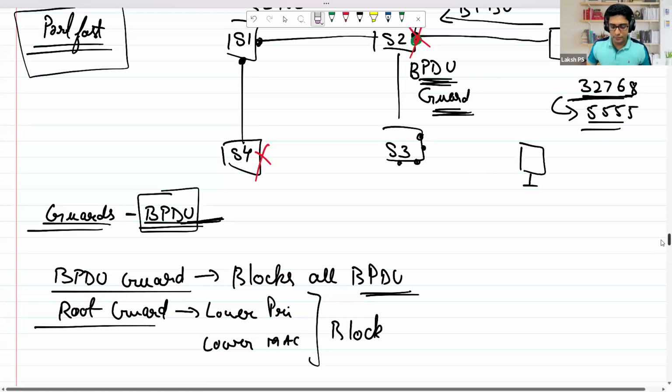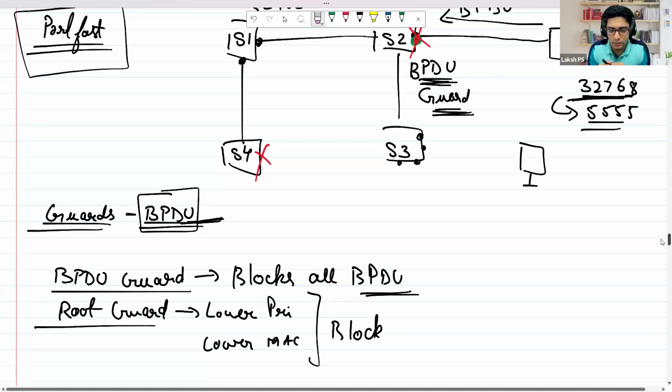Sir, I have one question here. Here you mentioned root guard. Root guard only blocks the lower priority and lower MAC address, right? Correct. So if root guard receives the higher priority and higher MAC, it won't block that BPDU, right?